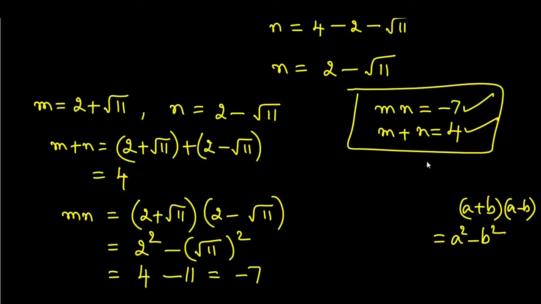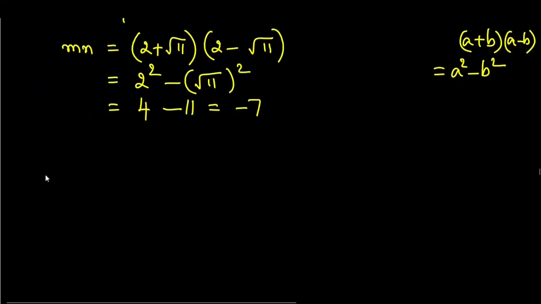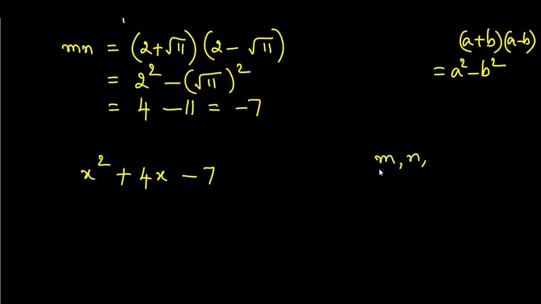Now what is the polynomial? The given quadratic polynomial is x square plus 4x minus 7. We have obtained m is equal to 2 plus root 11 and n is equal to 2 minus root 11.